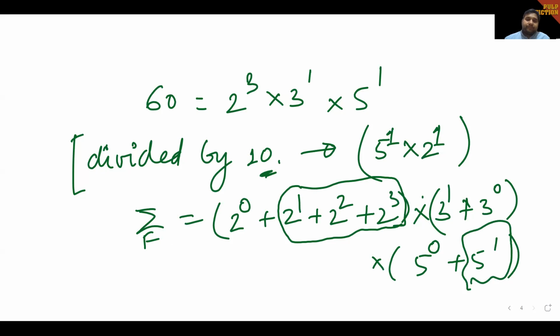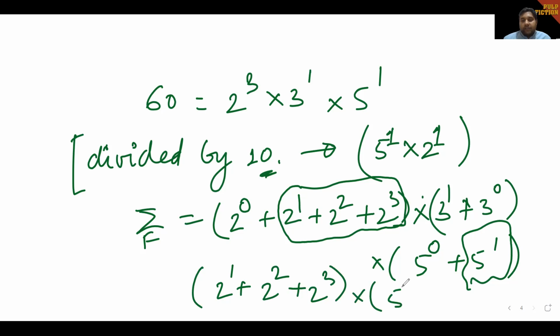So basically it will become 2 raised to the power 1 plus 2 raised to the power 2 plus 2 raised to the power 3, into 5 raised to the power 1. When you multiply this, you will get the sum of all the factors which are divisible by 10. Number of all such factors again: here there are 3 terms, here 1 term, so 3 into 1 is 3. Let us check it ourselves.